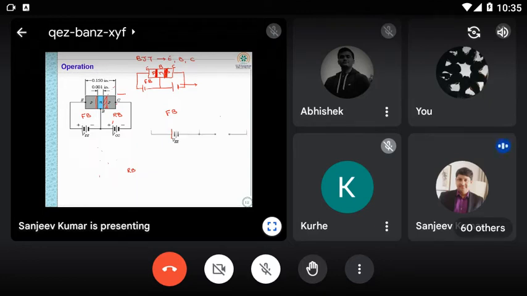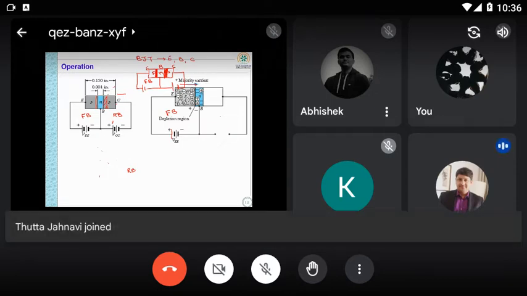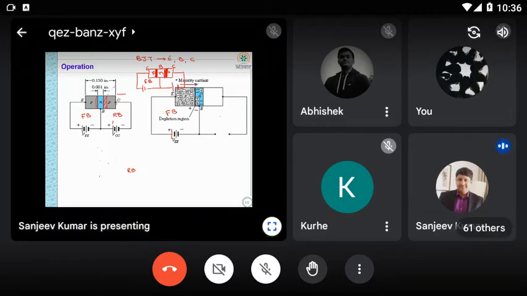The first point: during this forward bias condition, what will happen? You have already seen the PN junction. During forward bias, this depletion region will be thinner, because as we have already seen in the PN junction diode, the junction layer is reduced when forward biased and widened when reverse biased.